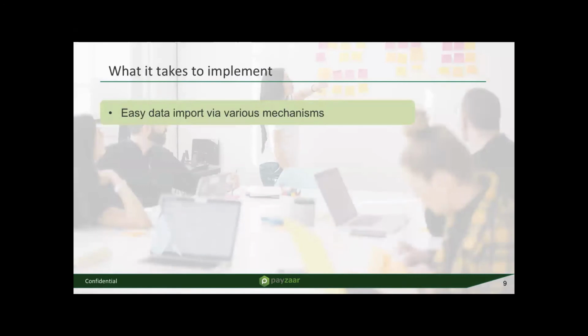So the way we do it, we can import different source data from various different systems, whether it's payroll, HR, benefits, time and attendance systems, through different mechanisms. In a lot of cases it can be as simple as just a basic flat file that you attach and upload, and then it starts to populate our database.